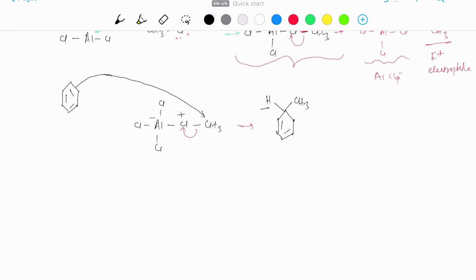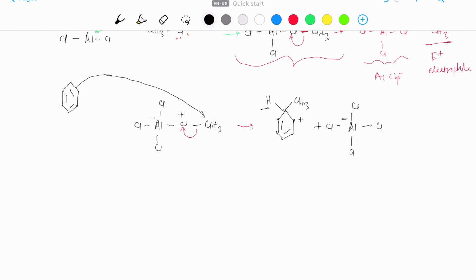And we also formed our aluminum tetrachloride, just like I showed before. And this aluminum still has a negative charge on it. And we have a positive charge on this benzene ring here at this carbon, because the double bond is broken and this carbon no longer has 4 bonds to it.